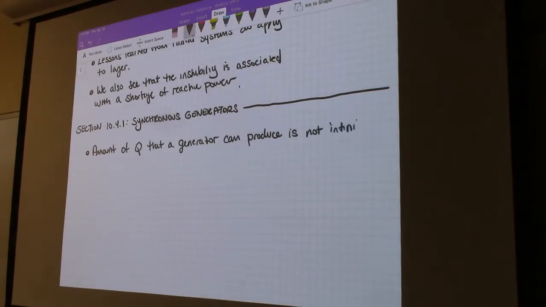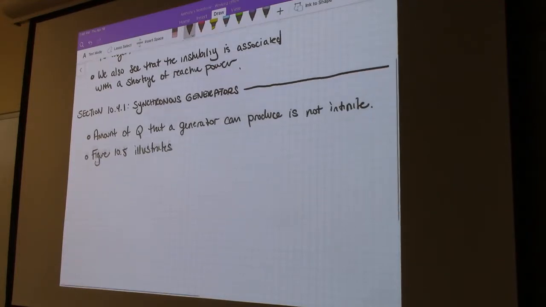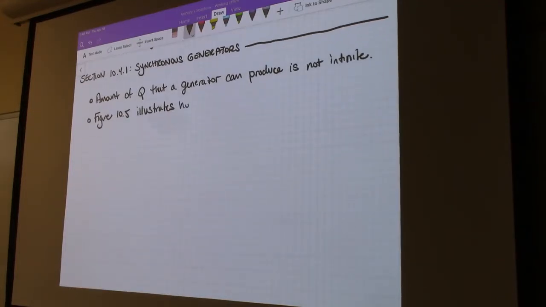It is limited, and so this figure that I'm going to draw in 1 second, 10.5, illustrates how a generator reaches its limits.